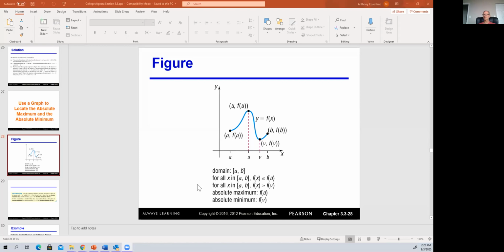So in this case, if you look at this figure that I have up here, you could see that the V is where the absolute min would be.